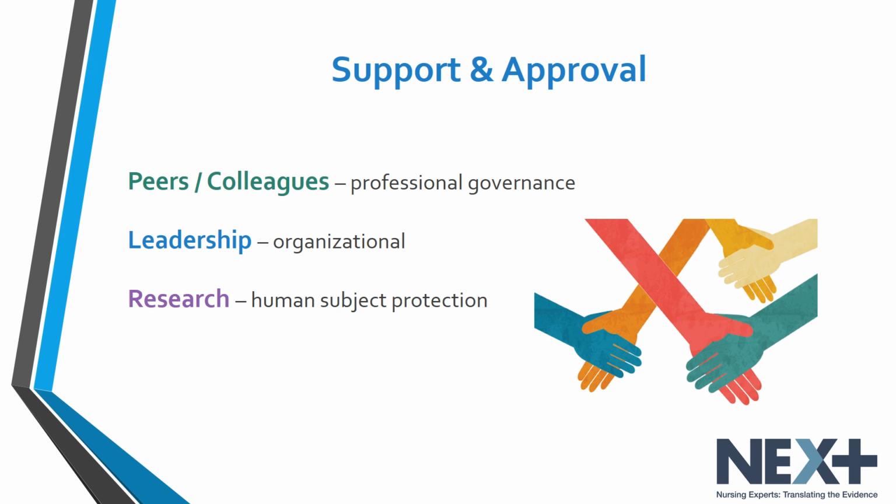Your organization may have professional governance committees or councils. Contact the chairpersons and present your plan for their input and approval. If you don't have a professional governance structure, you can still share at staff meetings or department huddles.